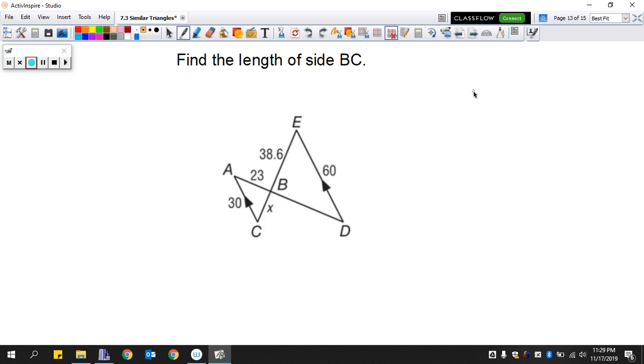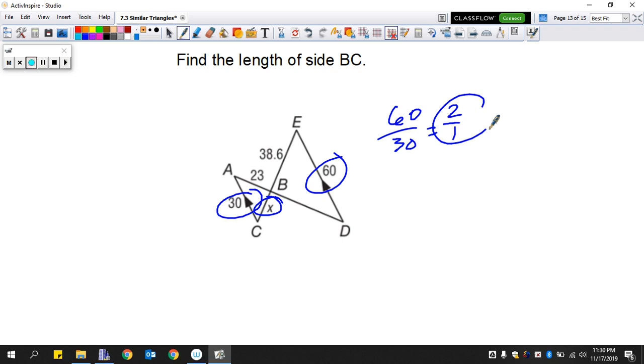Find the length of side BC. BC is this right here. We have two parallel sides here. When we're looking at this, we end up with 60 over 30, which is 2 to 1.